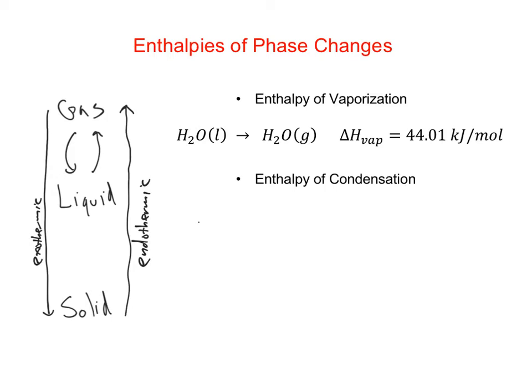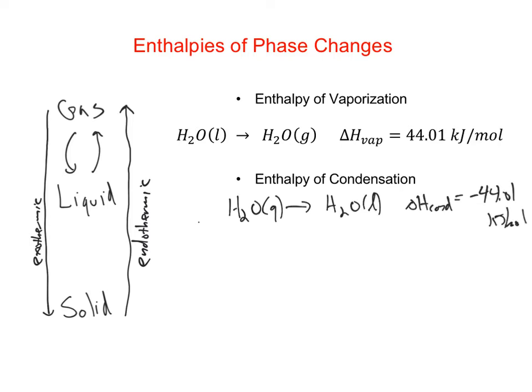So if the delta H of vaporization of water is positive 44.01 kilojoules per mole, then going in the other direction, condensation, so going from H2O gas to H2O liquid, the delta H of condensation is negative 44.01 kilojoules per mole. And so that's true about the relationship between vaporization and condensation. The same thing is true about freezing and melting, and the same thing is true about sublimation and deposition. The magnitudes of the enthalpies are the same, it's just the signs are different.